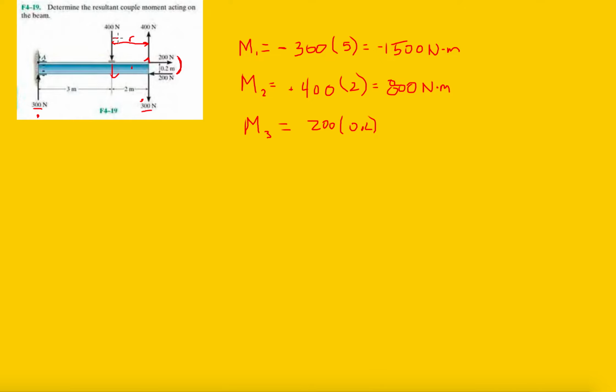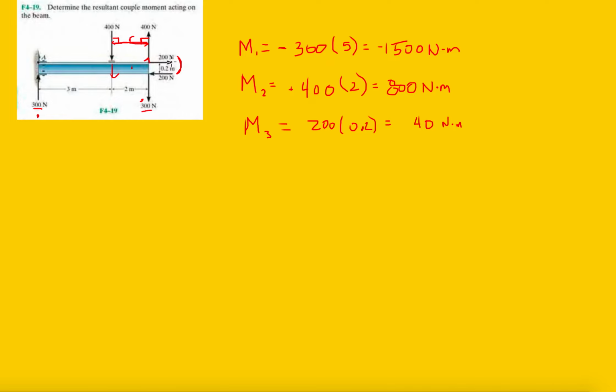The distance between them has to be perpendicular to each one of these forces, as seen right here in this 400 Newton force. So 200 times 0.2 is 40 Newton meters.